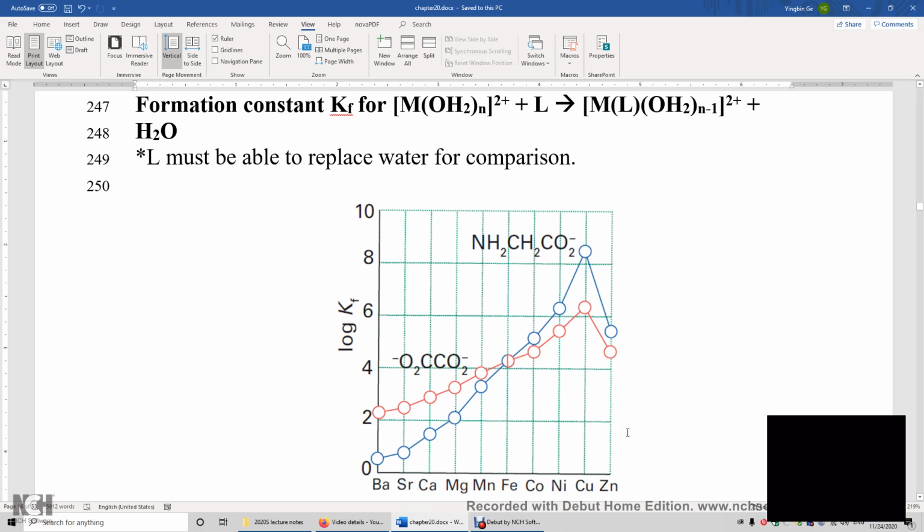Now you have 2 electrons occupying the lower energy dz squared orbital and only 1 electron occupying the higher energy dx squared minus y squared orbital. So this is called the Jahn-Teller effect, which effectively reduces the energy of the transition metal complex. Therefore, this K sub F for copper 2+ is particularly large.